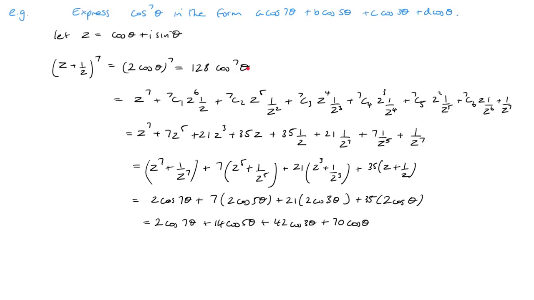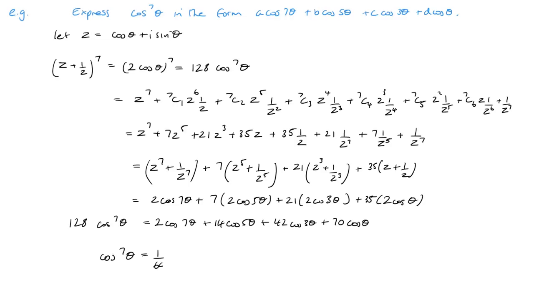And this, of course, is equal to this, 128 cos to the 7 theta. Now we want just cos to the power 7 theta, so we need to divide by 128.